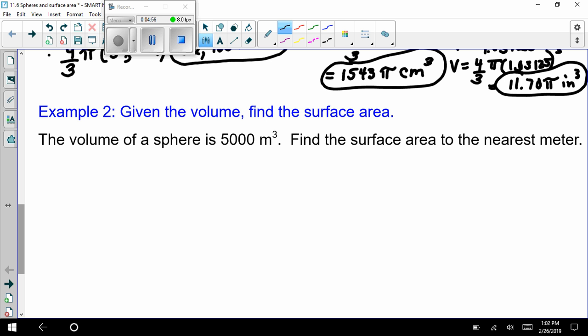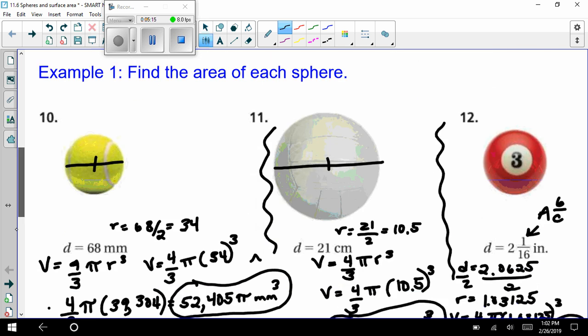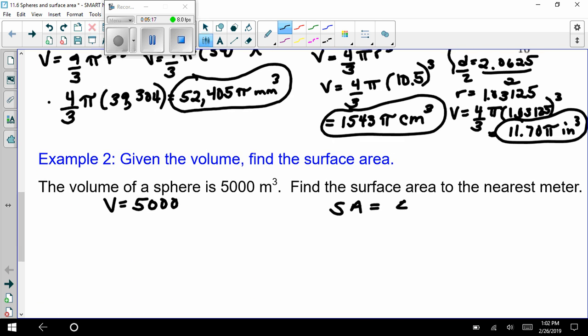Example 2, given the volume, find the surface area. Okay, so here they tell us the volume of that sphere is 5,000 meters cubed. Surface area, let's go back and pull that. Surface area is 4 times pi times r squared. All right, so volume, we know is 4/3 pi r cubed.